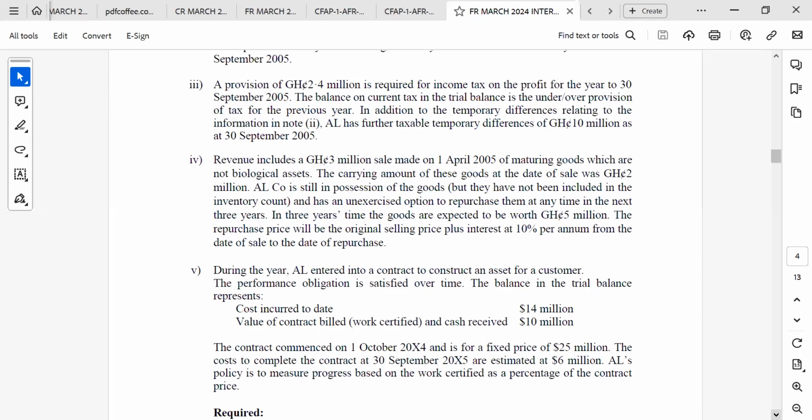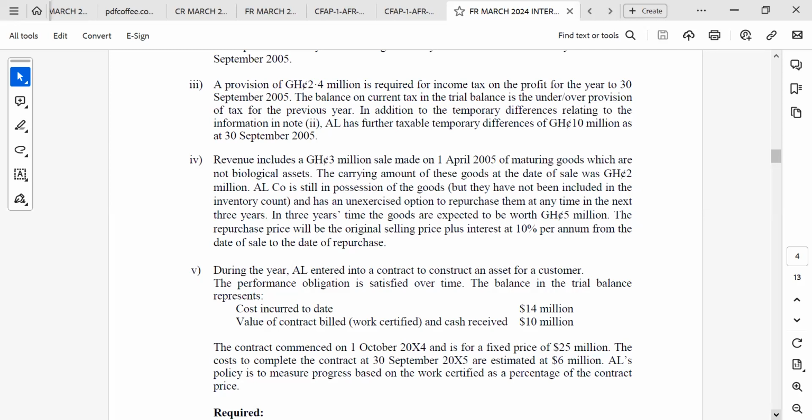B. During the year, AL entered into a contract to construct an asset for a customer. The performance obligation is satisfied over time. The balance in the trial balance represents costs incurred to date, $40 million. Value of contracts billed, work certified, and cash received, $10 million.